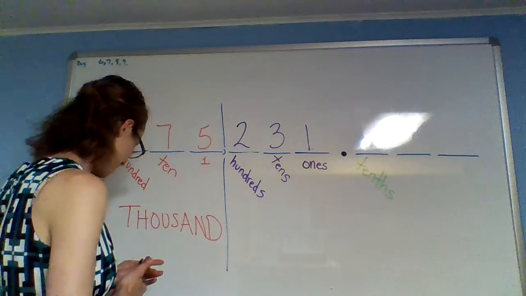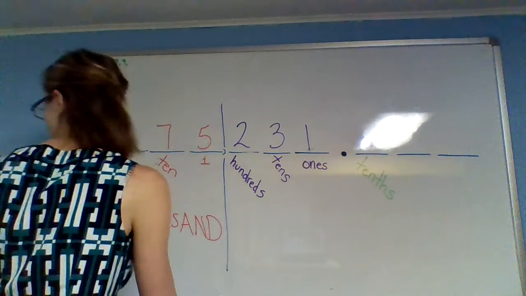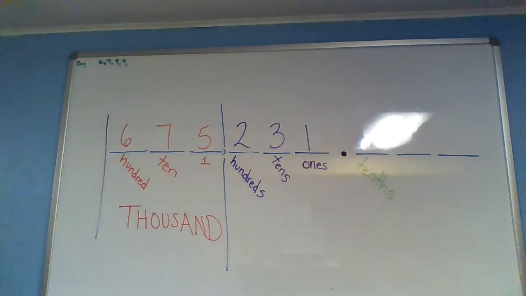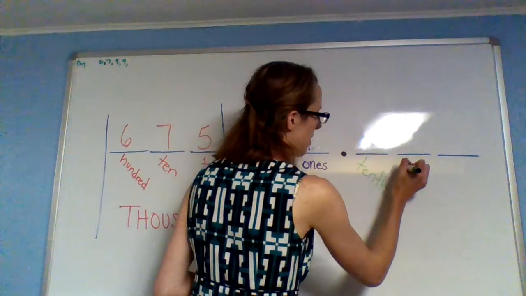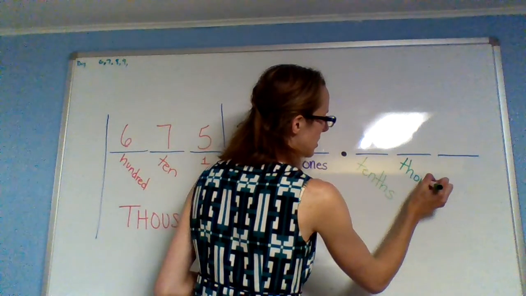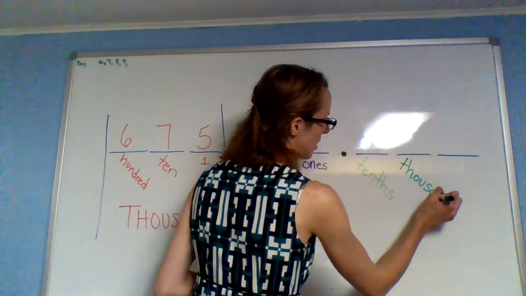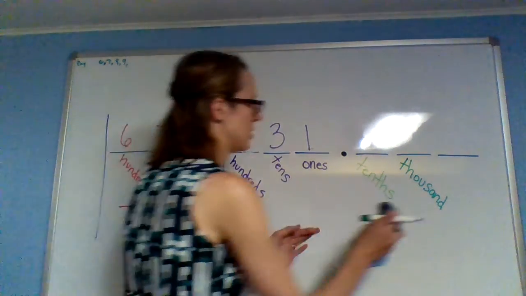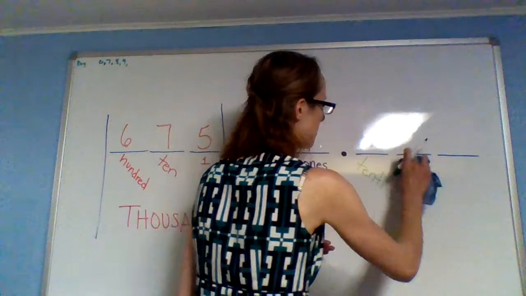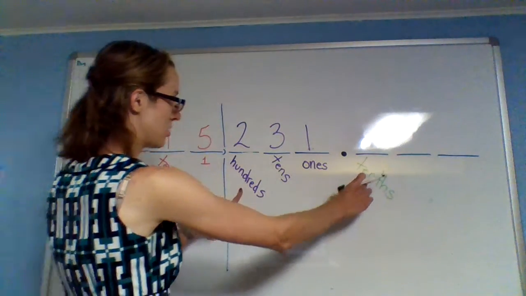I'll use a darker marker so you can see that better. Comes tenths. After the tenths comes thousandths. Oops. Silly Mrs. Iwansky, I skipped one. Tenths, hundredths.